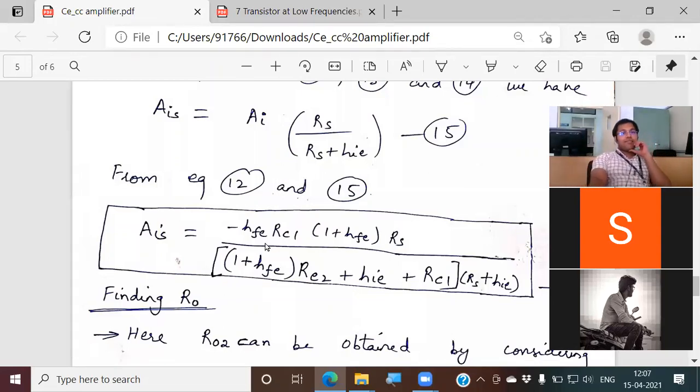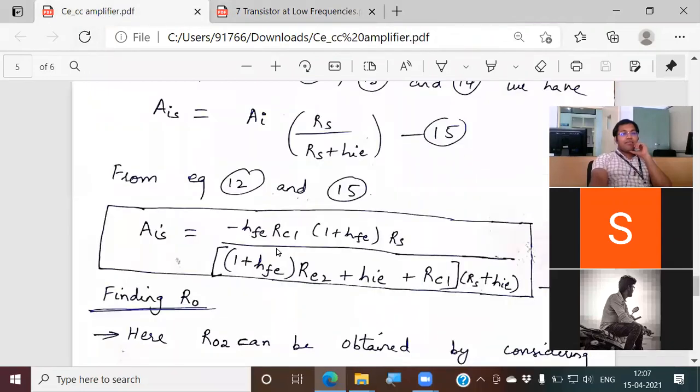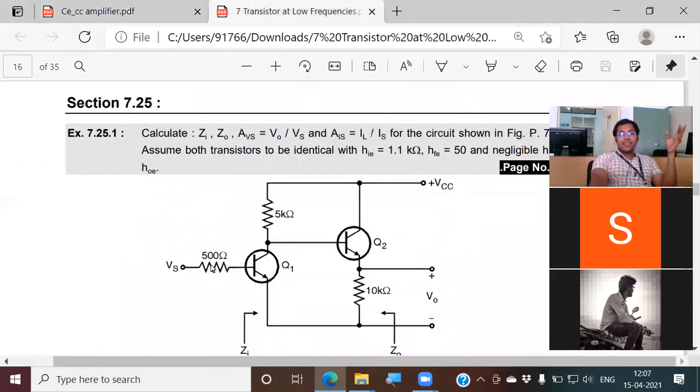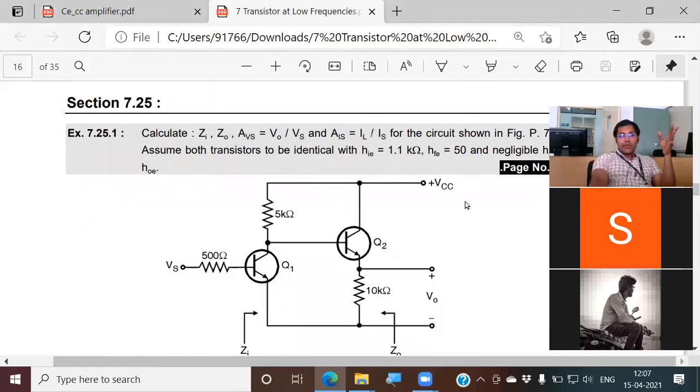You can do like this. HFE is 50, 50 multiplied by RC1, which is 5K, so 50 multiplied by 5,000. 50 plus 1 is 51. So 50 into 5,000 into 51 into RS. RS is 500, so 50 into 5,000 into 51 by 500, divided by, again this is 51 into RE2. RE2 is 10K, which is 10,000.